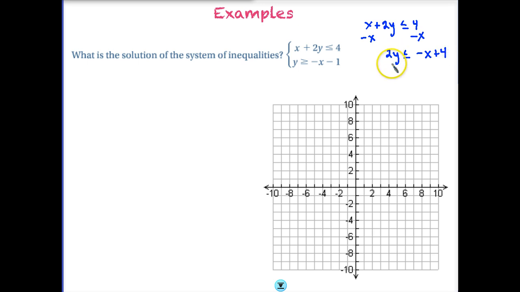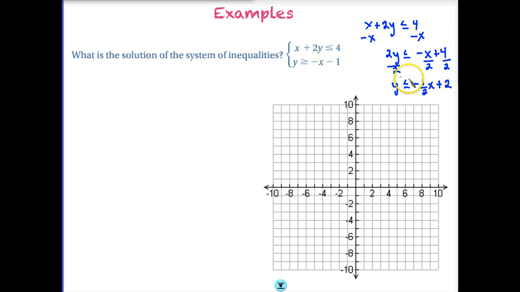Now I just need to divide by 2, and notice that it's a positive 2, so I do not need to switch my sign. And I'm left with y is less than or equal to negative 1 over 2 x plus 2.